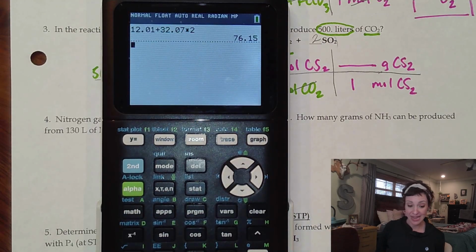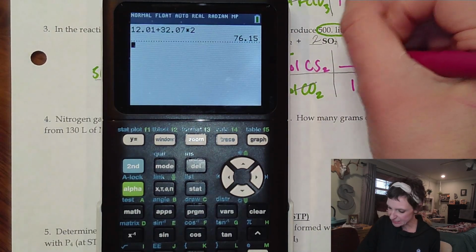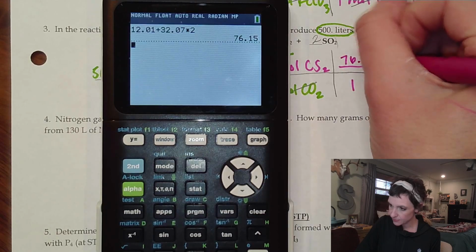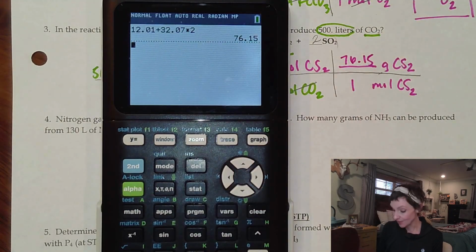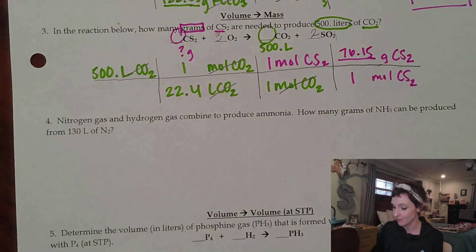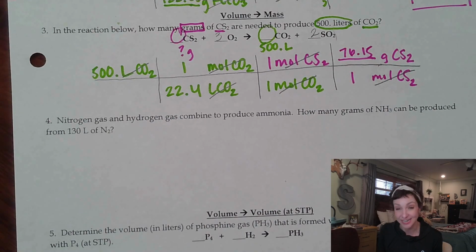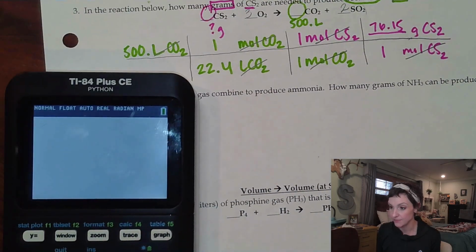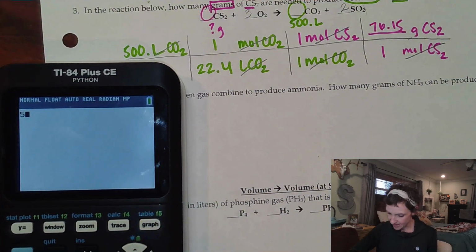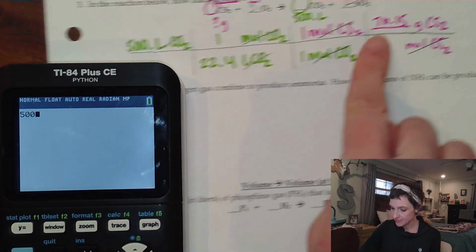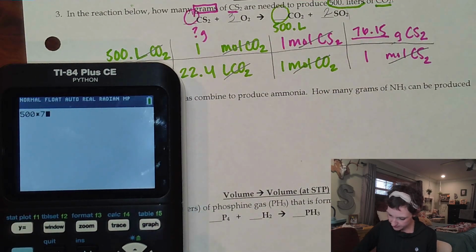Okay, so my molar mass of carbon disulfide is 76.15 grams in every 1 mole. I feel good. That looks all good to me because now I can cancel off moles of carbon disulfide on top and on bottom. So now I'm ready to calculate my final answer. I have 500 times 76.15.